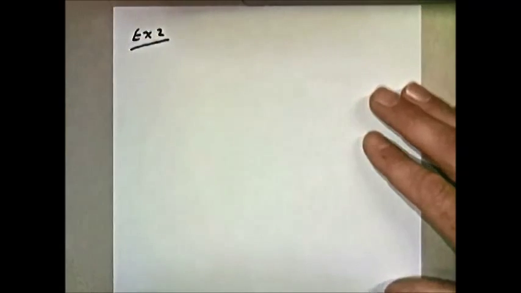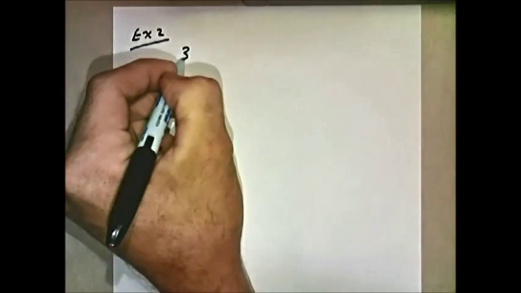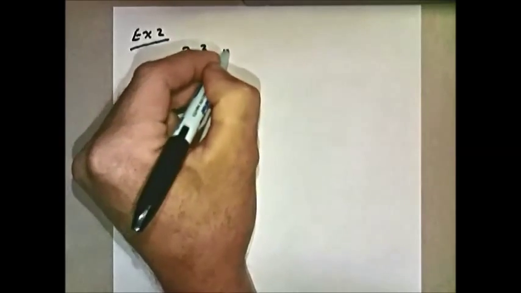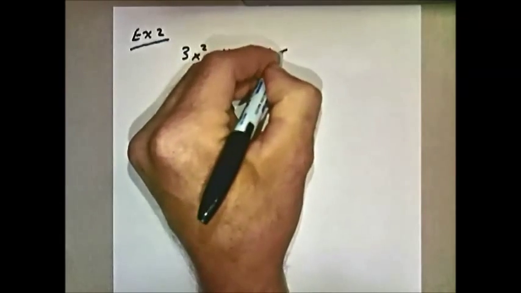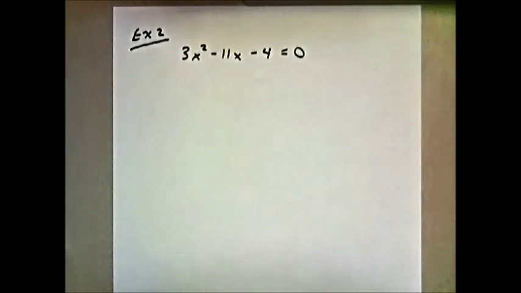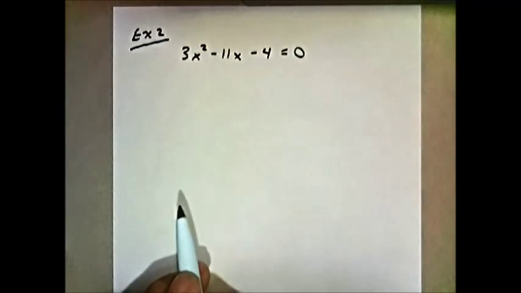Example 2. Let's keep it the same, but this time let's look at one that would be factorable and one that we can simplify a little bit. So let's look at 3x squared minus 11x minus 4 equal to 0. Again, this one is factorable.